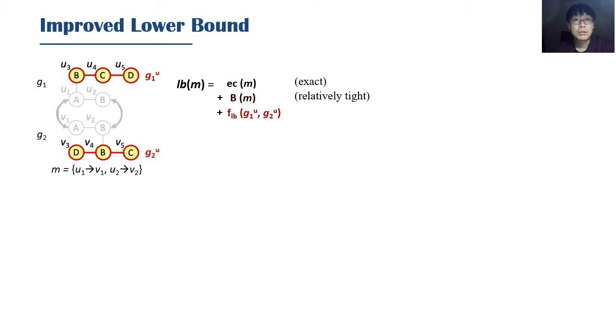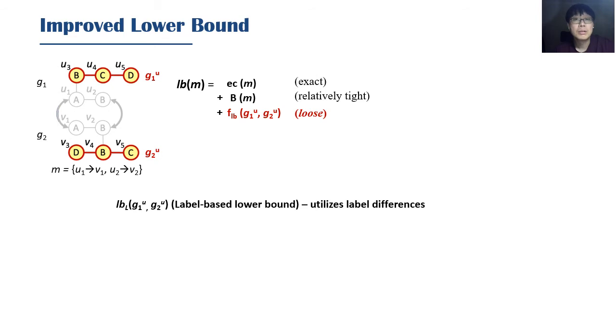Finally, we compute a lower bound of the edit cost in the unmapped part. To compute the lower bound, all existing solutions use the label-based lower bound, which simply counts the differences of labels. Because the label-based lower bound does not reflect structural differences of the graphs, it tends to be very loose.